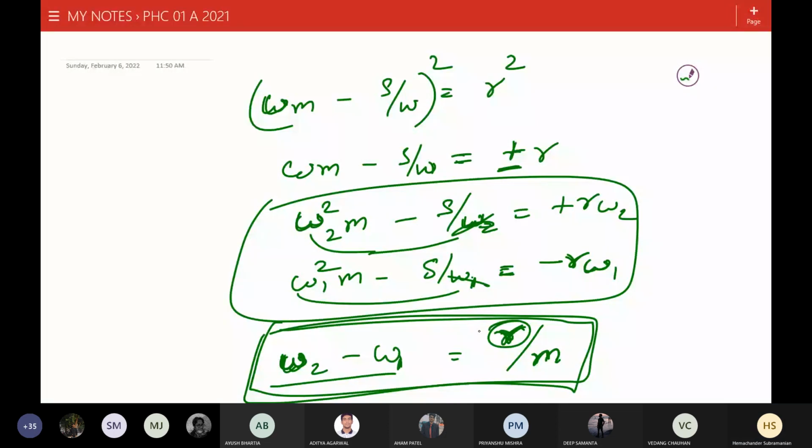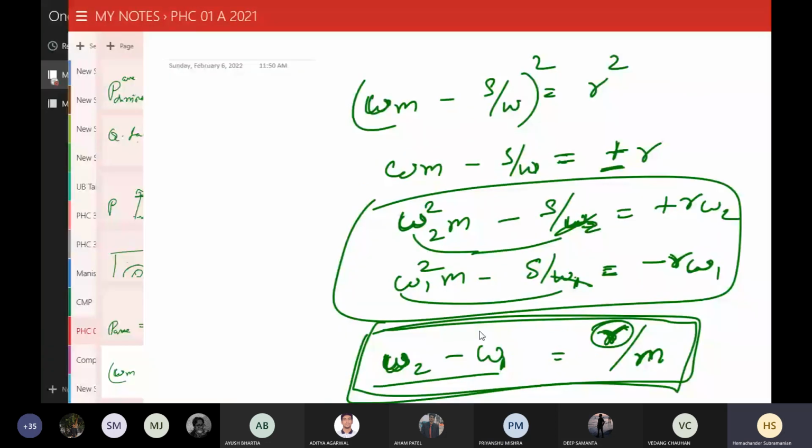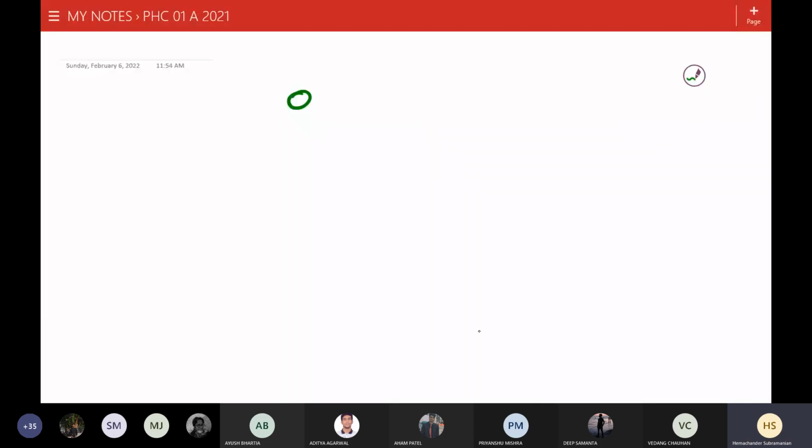So this is used in physics quite a lot. Let's say you have an atom with an electron bound to the atom.